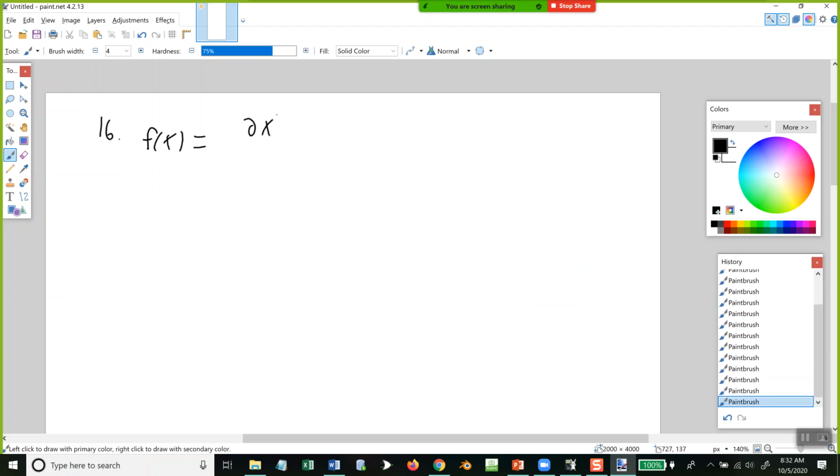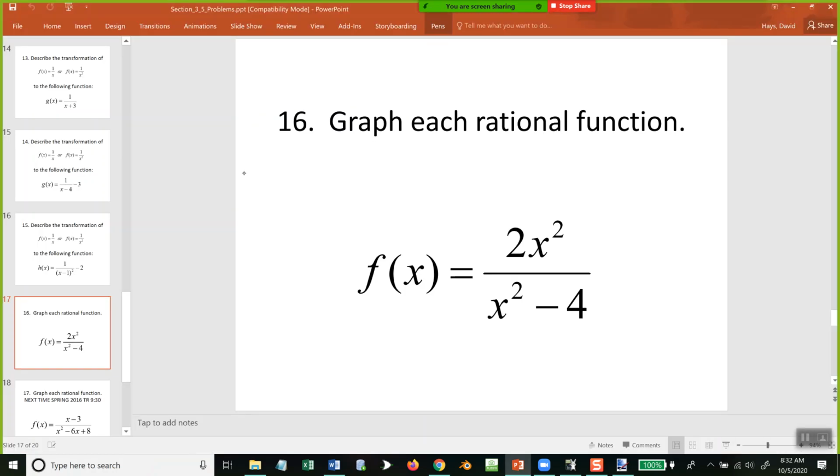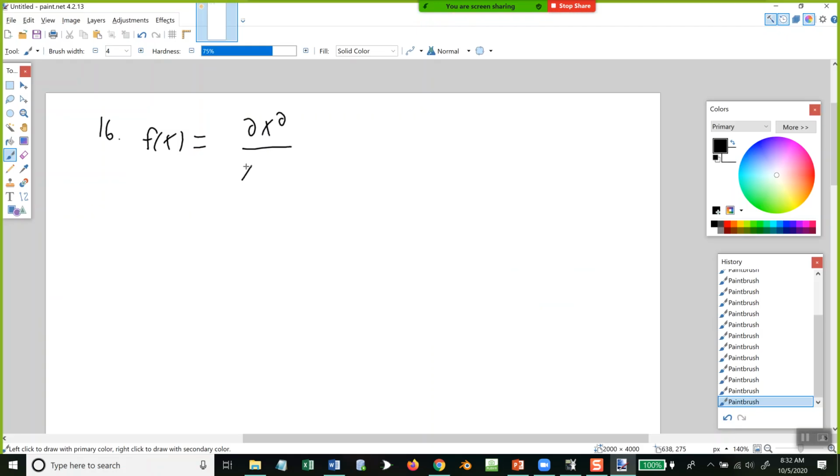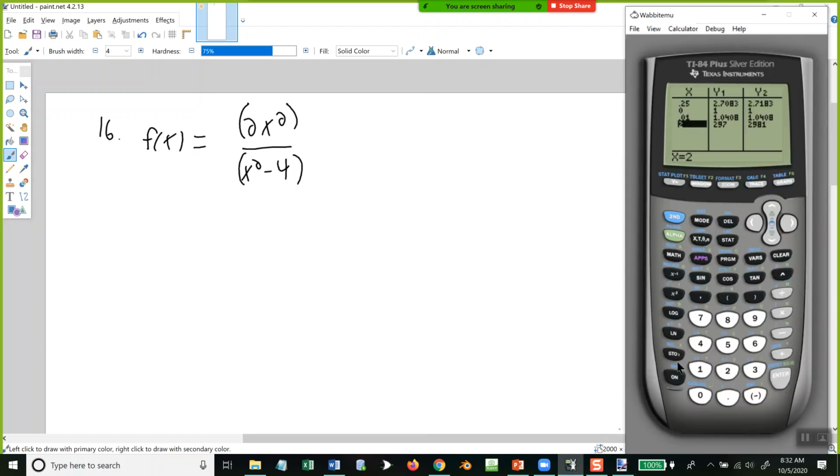Got 2x squared over x squared minus 4. The key to graphing these is if you have more than a single number or single variable on top or bottom, you have to put parentheses around that part. So when I plug these in my calculator, I need to put parentheses around the top, parentheses around the bottom. Other than that, you just enter as you see it.